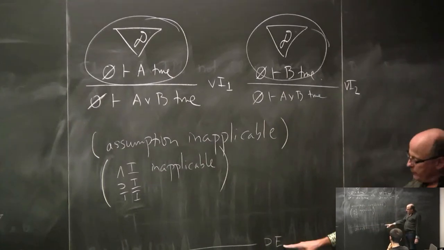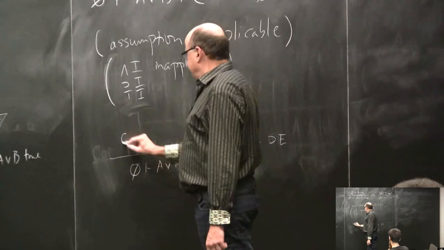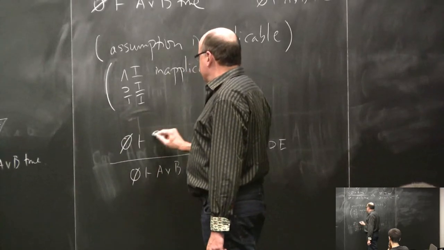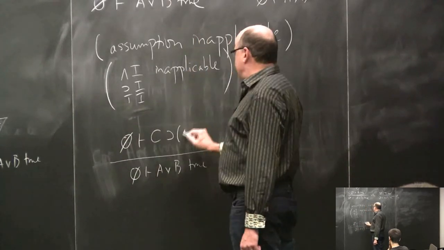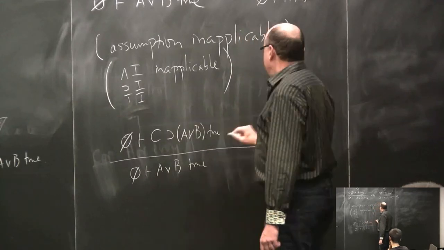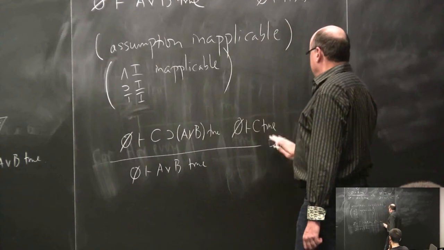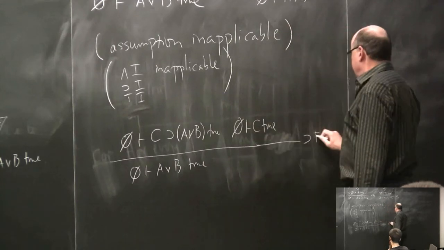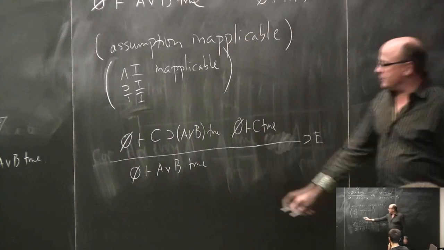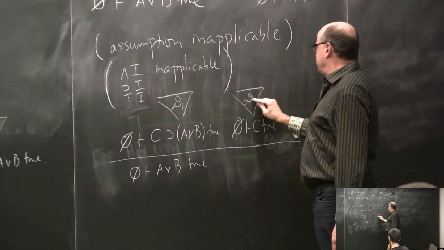But suppose the way in which I got it was by showing that from no assumptions, some C implies A or B. And separately, you showed C. Let me make some room for myself. So I have a derivation here, D1, and I have a derivation here, D2.